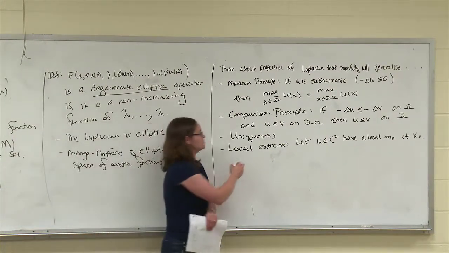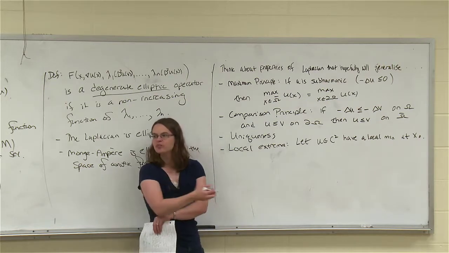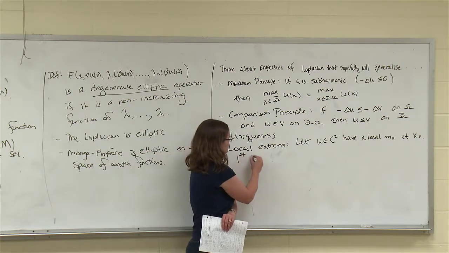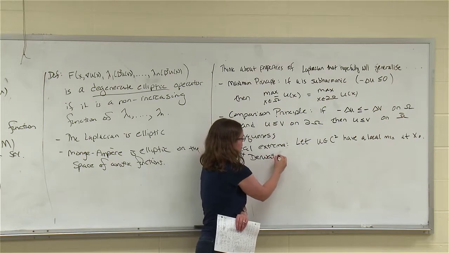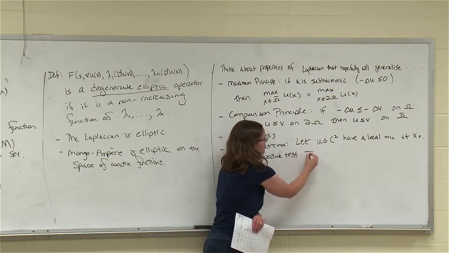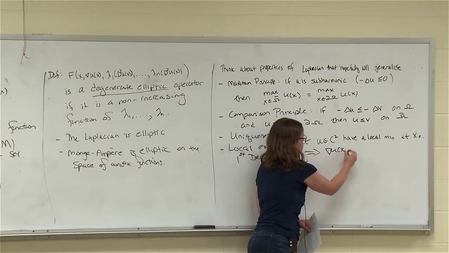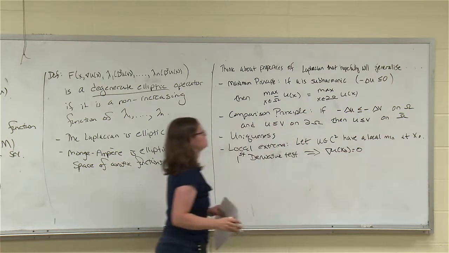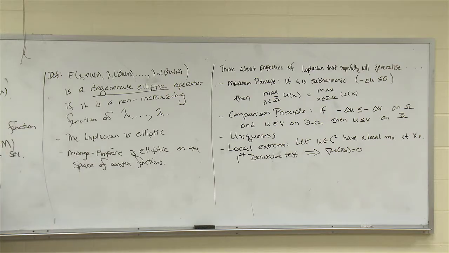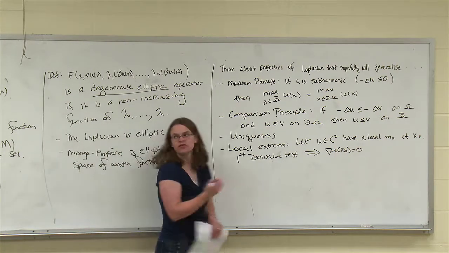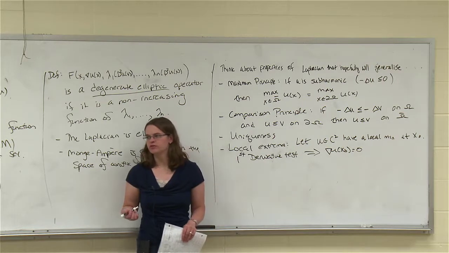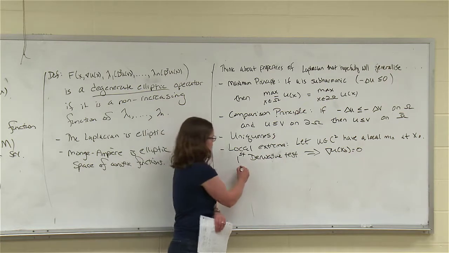Our first derivative test, I'm just doing basic calculus at this point, tells us that the gradient should vanish here. Our second derivative test tells us that the Hessian is positive semi-definite at this point.